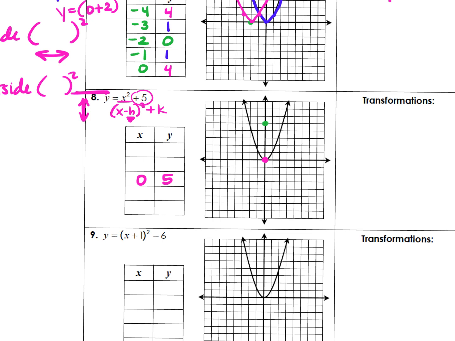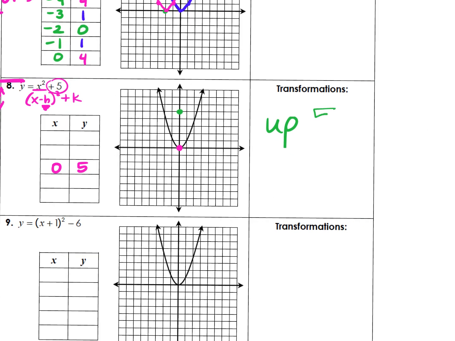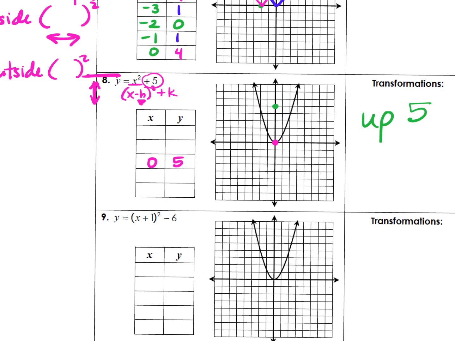What happened to that vertex? It went up 5 units, okay? So the transformation that happens here is it goes up 5. Now, you can plot a 1 and a 2, a -1 and a -2 to see that. So if I plug in a 1, 1 squared plus 5 is 6. So those will both be 6.